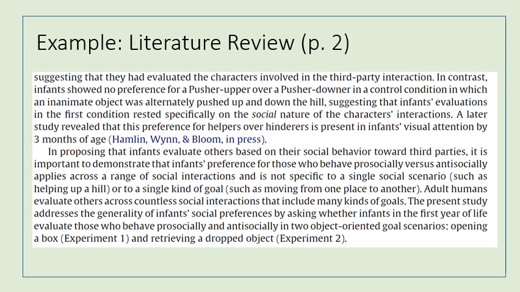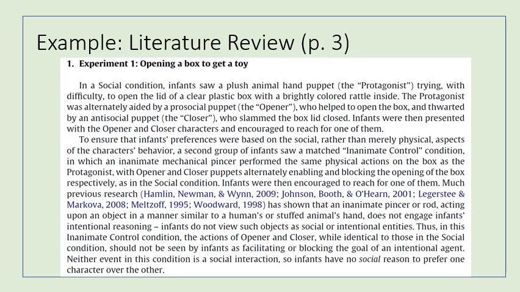We're going to do experiment 1 in class, and you're going to analyze experiment 2 independently. So now we have the lit review, the next page, in which they're describing to us the first experiment.